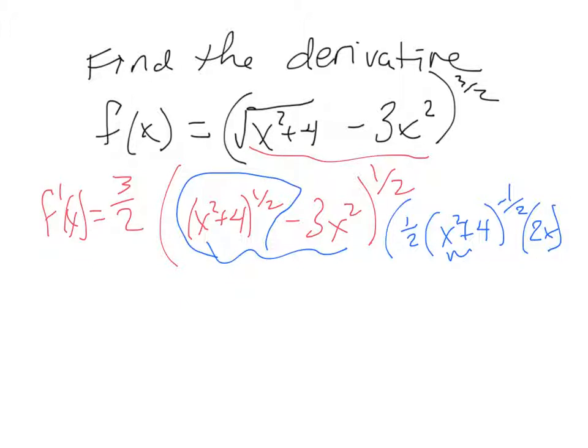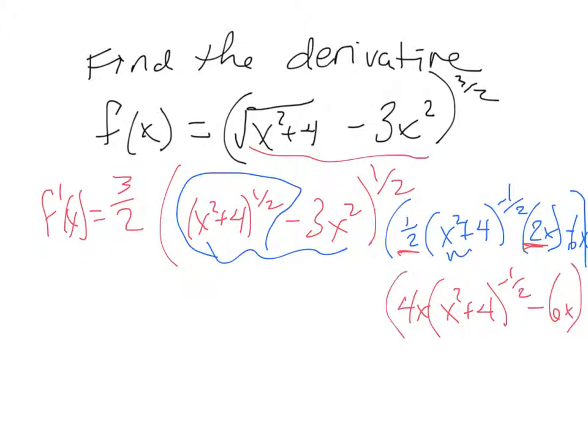And then it's minus the derivative here, which is 6x. Now, this is a minus 6x, so there's not much you can do to clean it up except right here, okay? And you know that half of 2 is 4, so you have 4x. X squared plus 4, so negative 1/2, minus 6x.